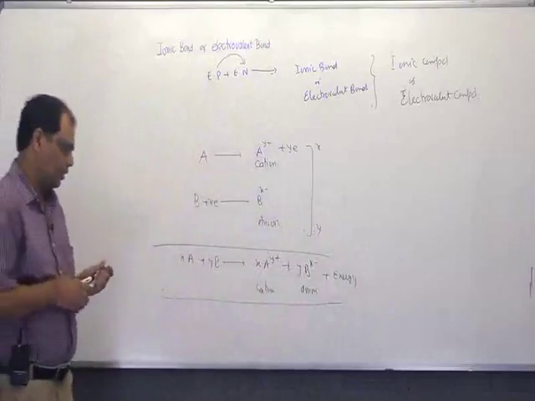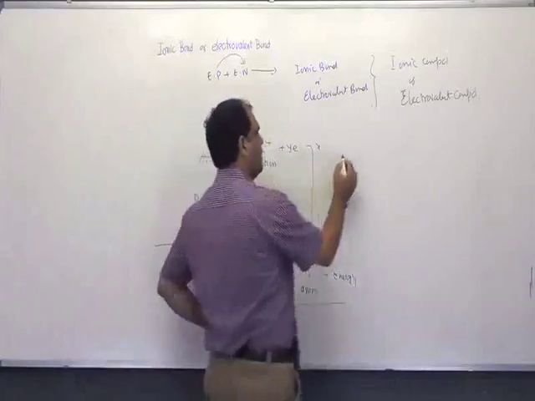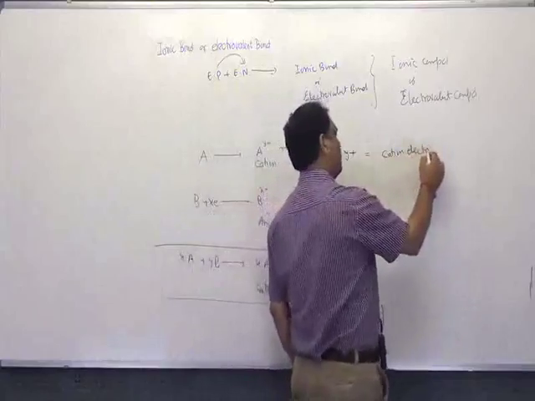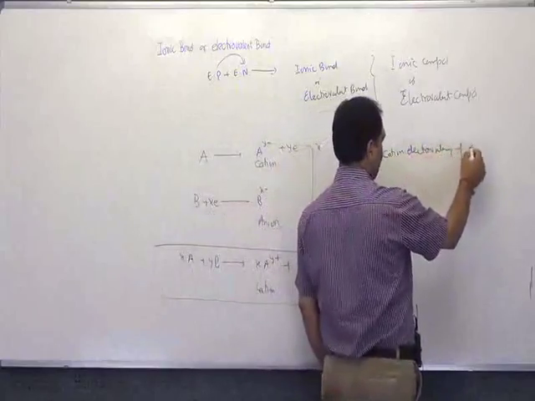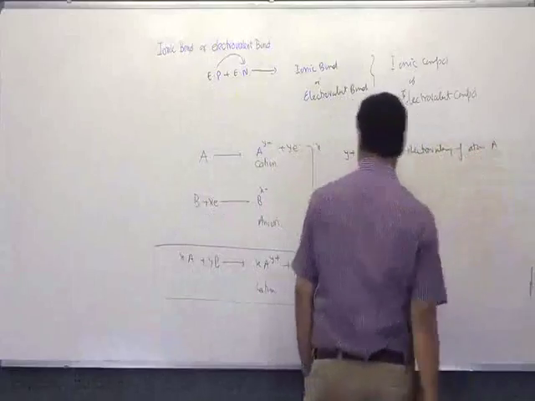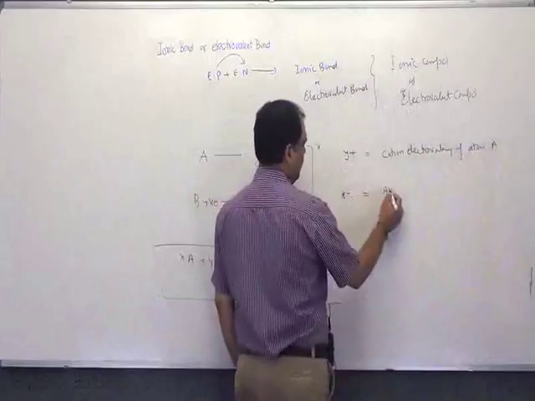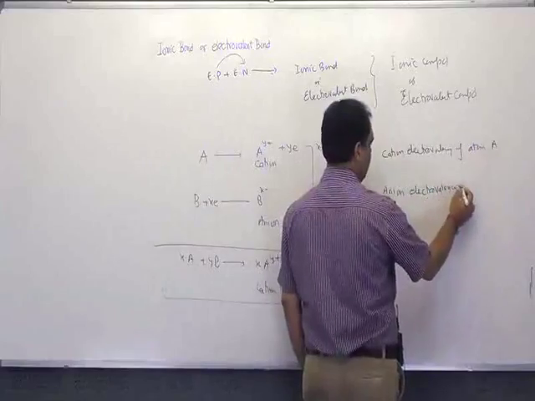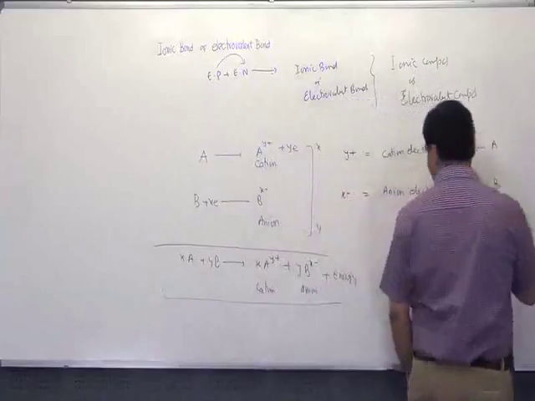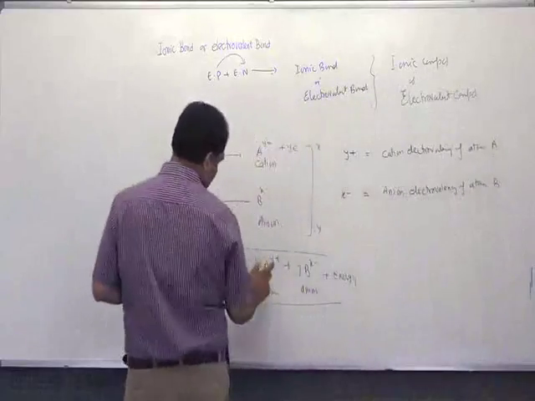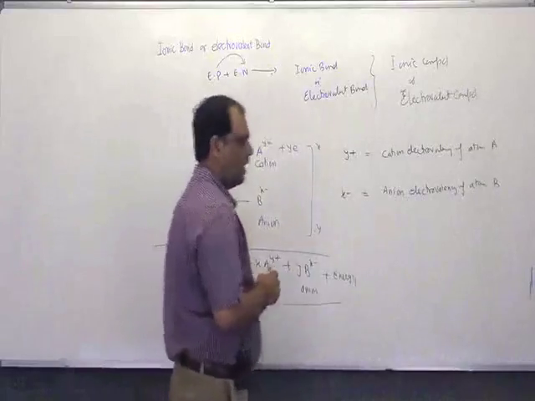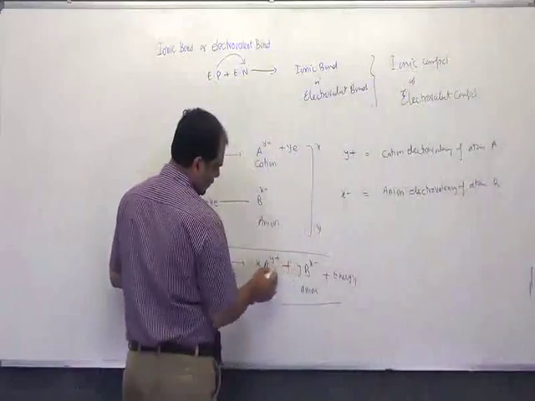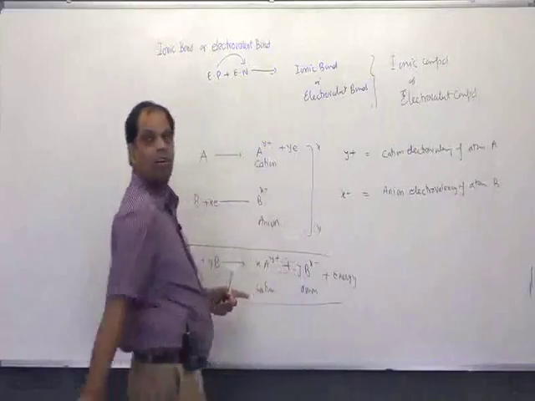Now the positive charge on the cation, y+, is called the cationic electrovalency of atom A, whereas x- is referred to as the anionic electrovalency of atom B. Between these ions A^y+ and B^x-, there is an electrostatic force of attraction, and this force is called ionic bond or electrovalent bond.